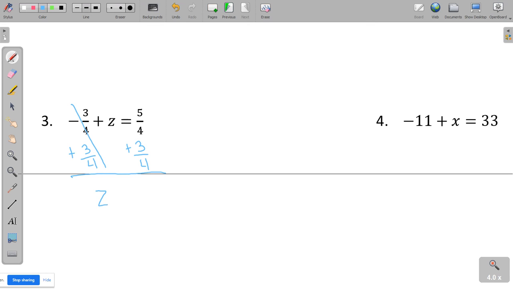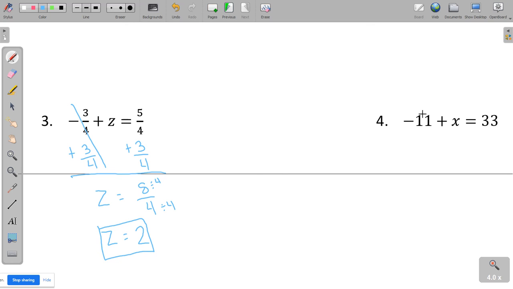We're left with z equal to 5/4 plus 3/4. Add the numerators. 5 plus 3 is 8. Keep the denominator of 4. Now 8/4 we can simplify. We can divide 4 out of the numerator and the denominator. So we get z equal to 2.